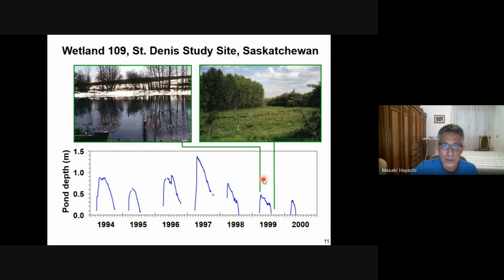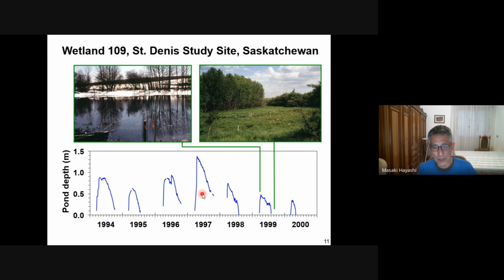Because of this snowmelt runoff, these depressions have ponds with a strong seasonality. For example, this shows an experimental pond in a study site called St. Denis in Saskatchewan province. I'll talk more about St. Denis in a few minutes.